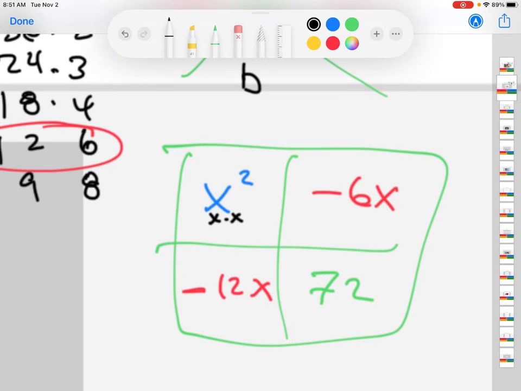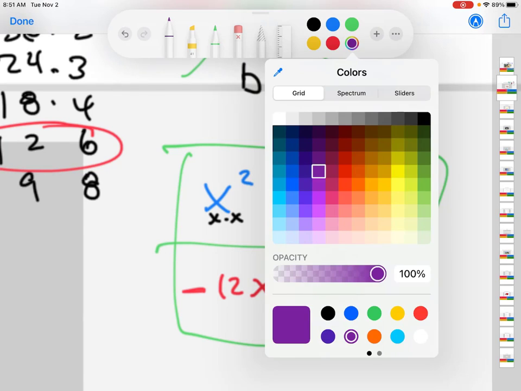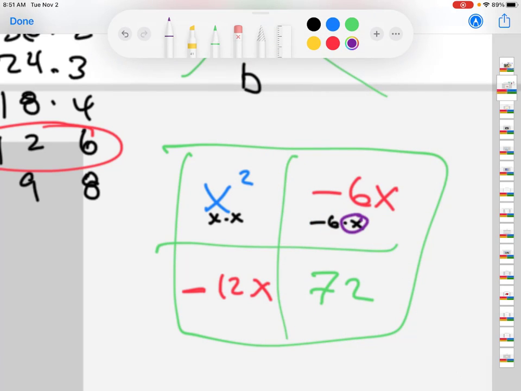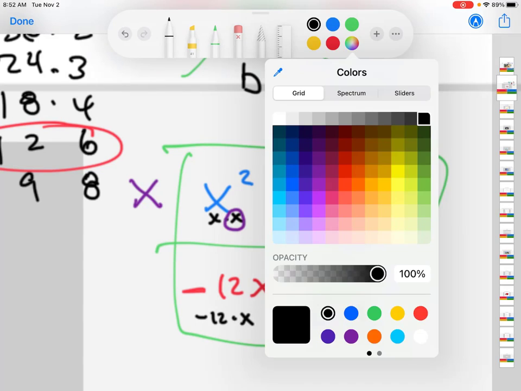When I say the greatest common factor, if you break them into prime factorizations, what do they have in common here? Use a different color. Well, they have an x in common, so that's what I would write out here. Or let's just say you did this one. This would be negative 12 times x, and this would be negative 12 times negative 6. What do they have in common?